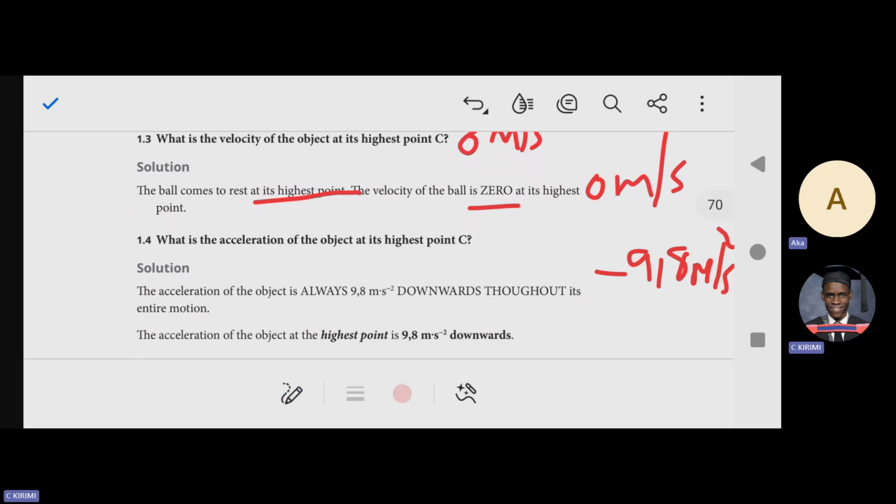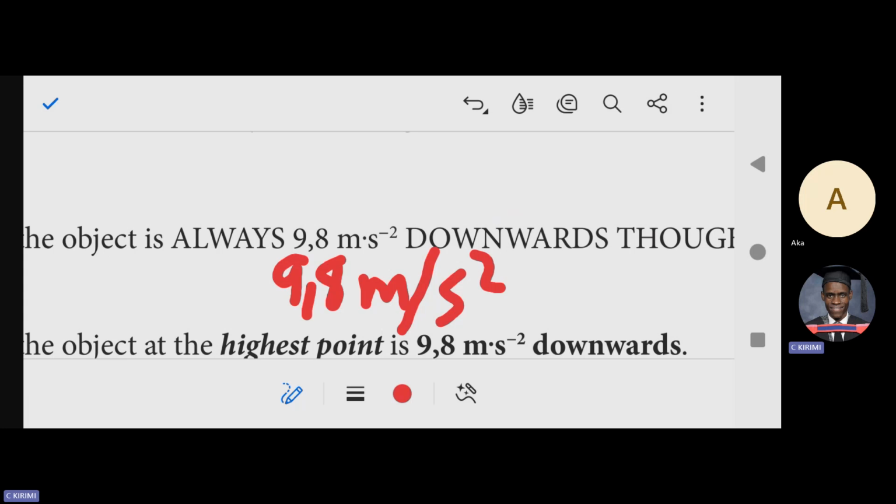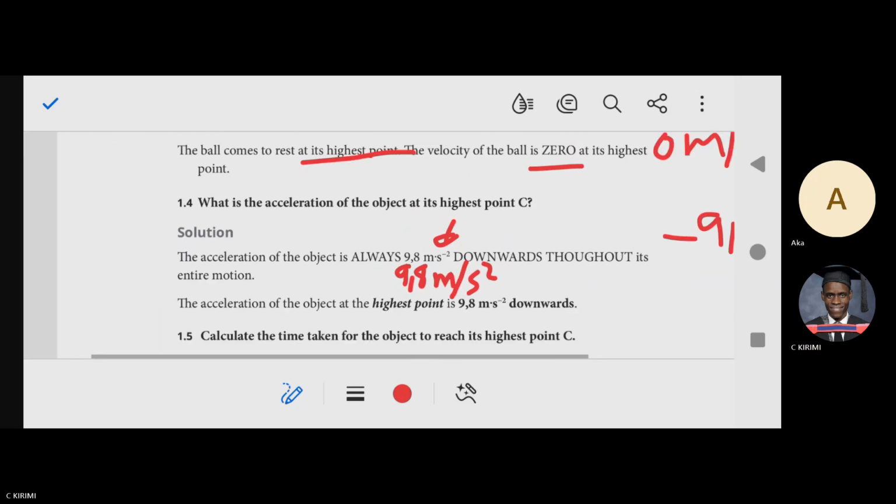If you don't want to write it like this, you write 9.8 meters per second squared, or multiplied by second to the power negative 2. Any question there? No. It's clear.